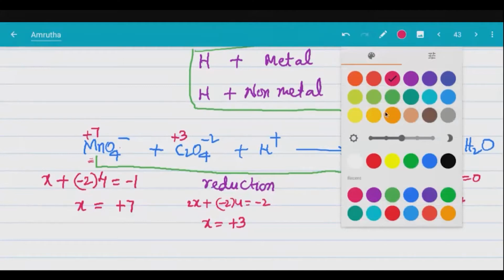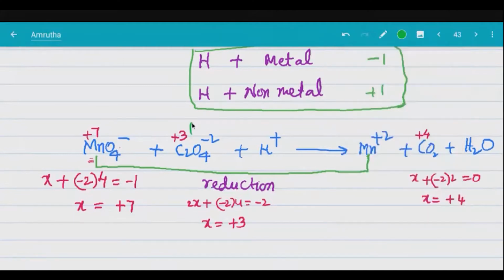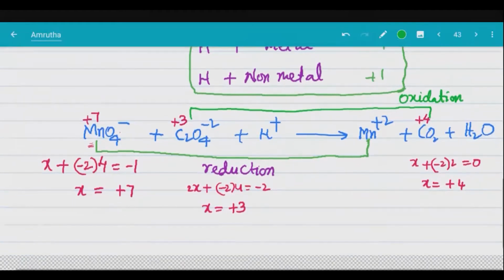Increasing or decreasing? It is increasing. So this is oxidation. We found reduction and oxidation. Yes, we confirmed, this is a redox reaction.